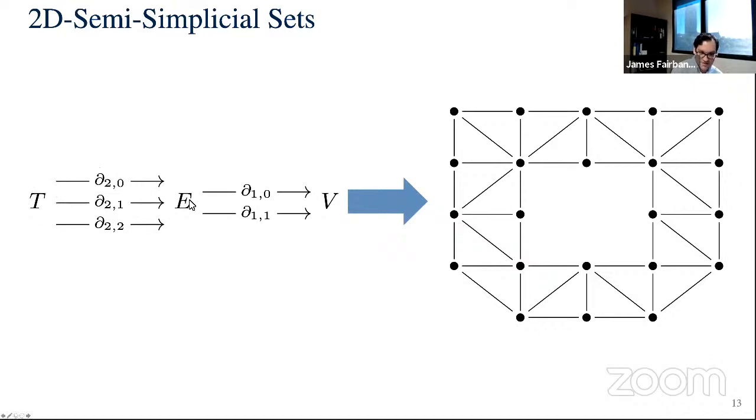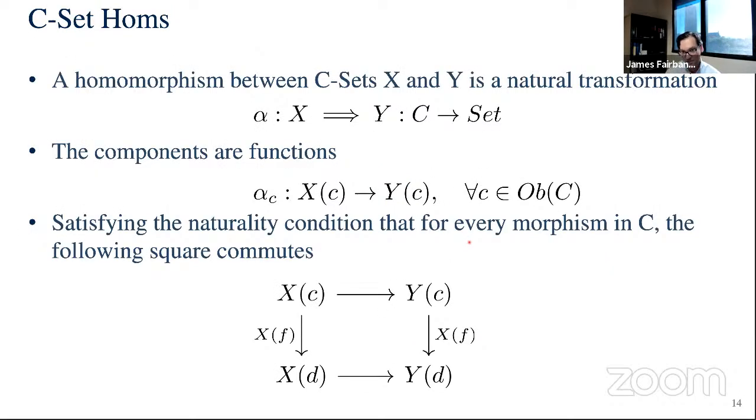We have some set of triangles, edges, and vertices, and you have relationships. Each triangle has 3 edges. Each edge has 2 vertices. That gives you a notion of a mesh. So we've built quite a bit of software around these meshes in CombinatorialSpaces.jl, which is a Julia package for building simulations. So I've talked about the objects and given some examples of CSets.